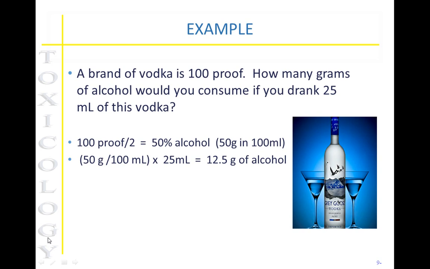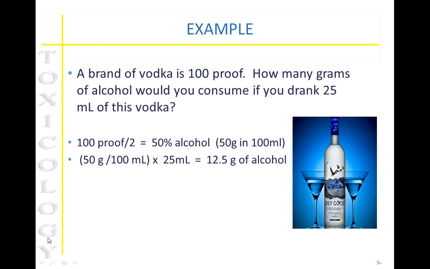So first, we must divide the proof by 2 to get the percent alcohol. So 100 divided by 2 gives us 50% alcohol. This means that there are 50 grams of alcohol in 100 milliliters. The percent alcohol gives you the grams of alcohol in 100 milliliters.